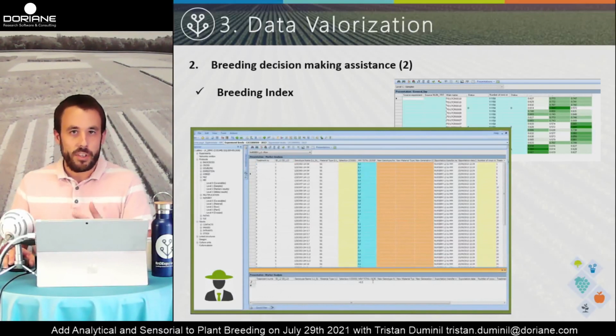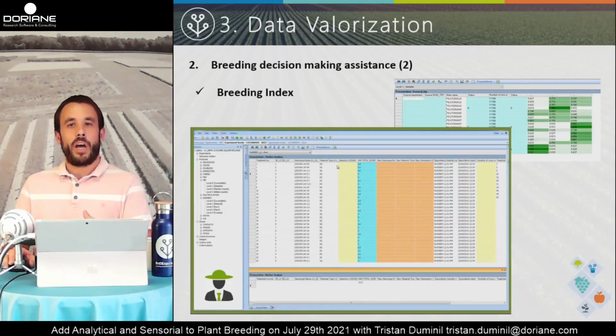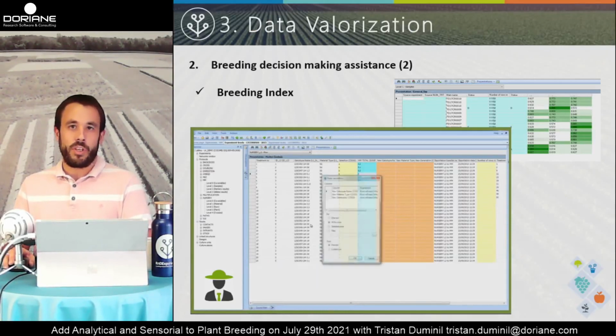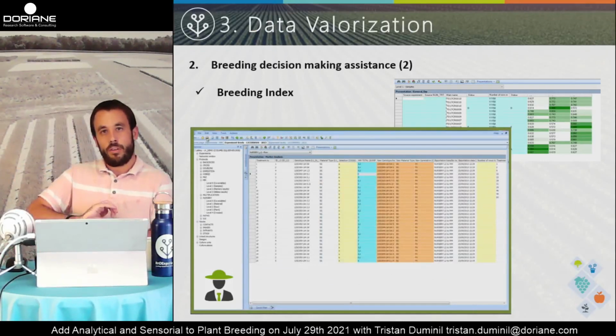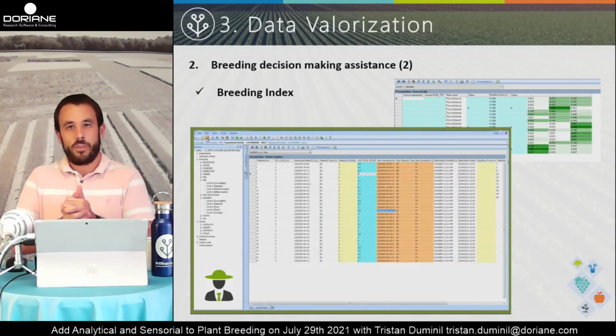The high scripting capacity offered by the data management systems of Dorian can address your specific breeding index designs. So you can share some examples with us.